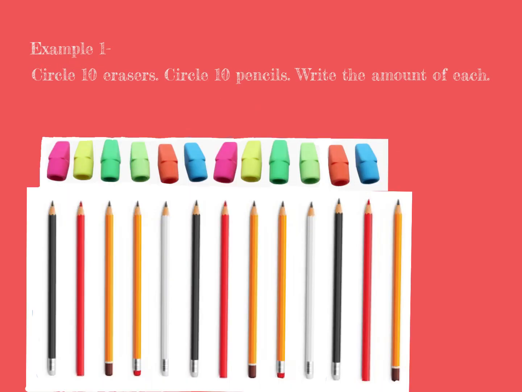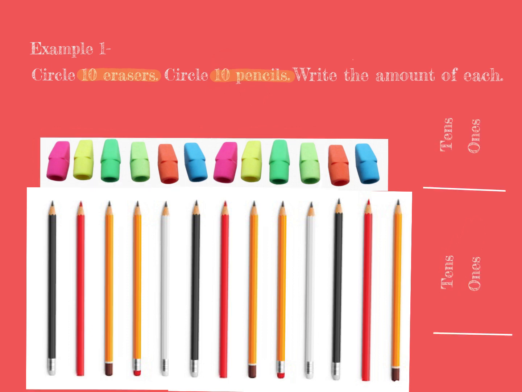Example 1. Circle 10 erasers, circle 10 pencils, and write the amount of each. First, we are going to count 10 erasers. 1, 2, 3, 4, 5, 6, 7, 8, 9, 10.